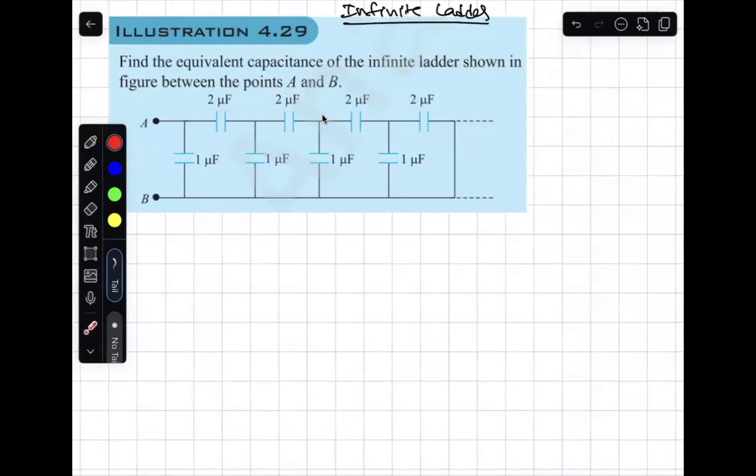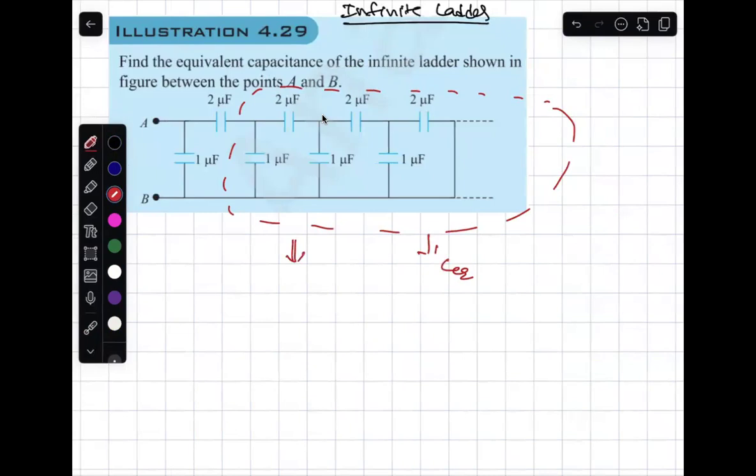So therefore, what I am going to do is, this is all C equivalent. Now I will modify my circuit into this format.